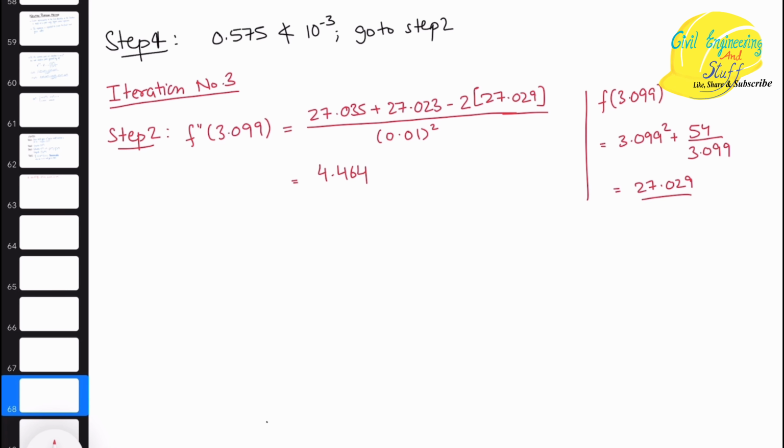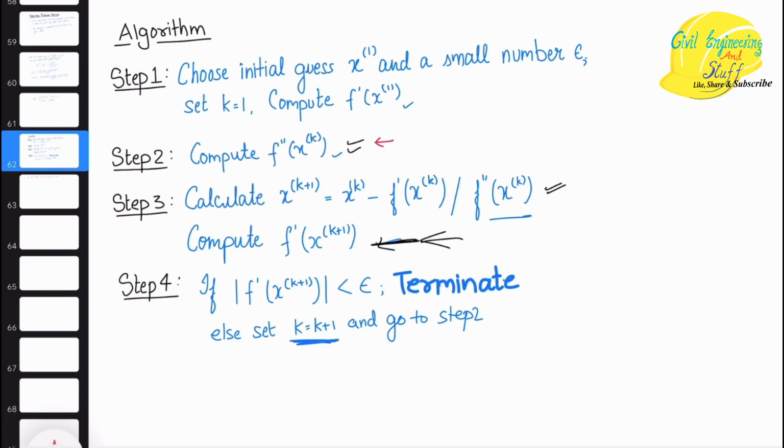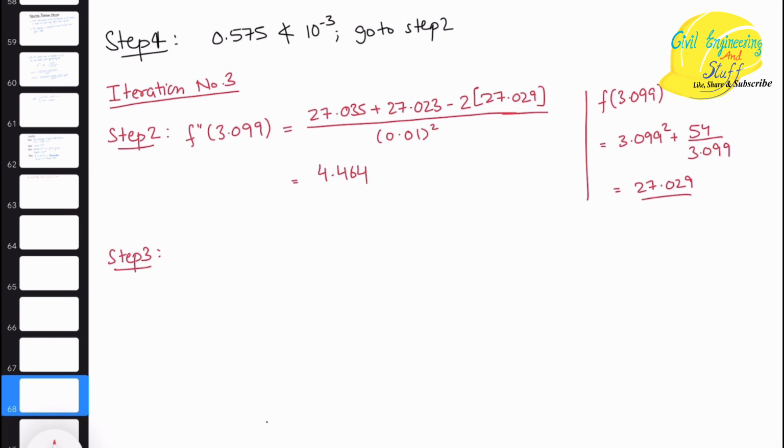Now let us do step 3. And in this step 3 we have to basically find out the new point, right? So in this step 3, your x4 will be x3 minus the first derivative of x3 divided by the second derivative of x3. Okay, so your x4 will be x3. What was the point x3? 3.099.